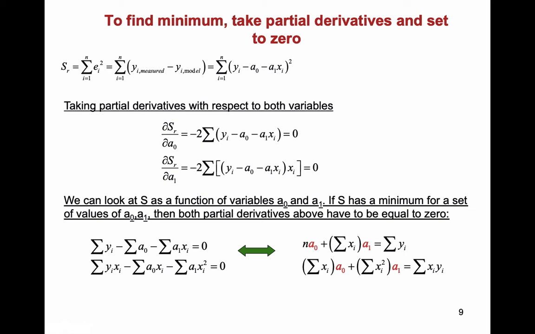Not only that, this is a linear system of equations. We know everything that there is to know by now. So I have n, this is simply the number of data points, times a0 plus the sum of xi's times a1 is equal to the sum of yi's. And then I have the sum of xi's times a0, plus the sum of xi squared times a1, is equal to the sum of xi yi.